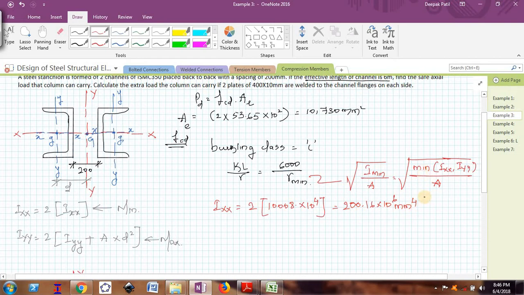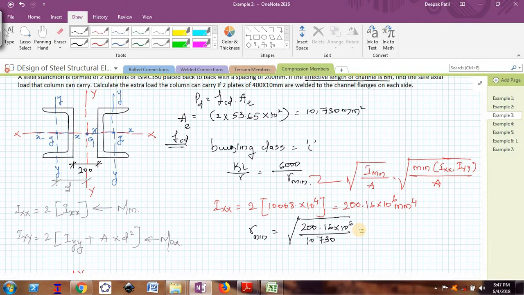So I will get R minimum as under the root 200.16 into 10 raised to 6 divided by the total area, which is 10730. So under the root, I am getting 136.58.